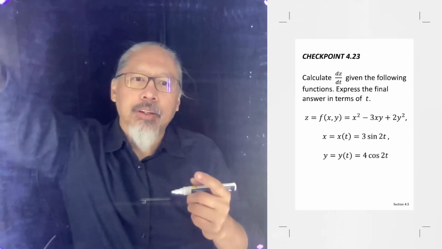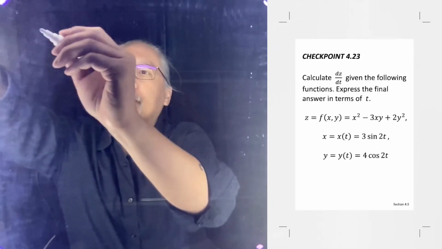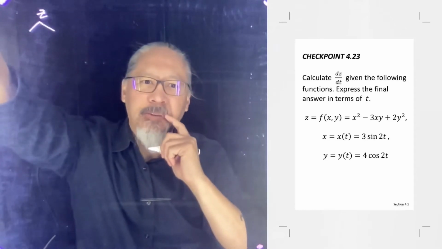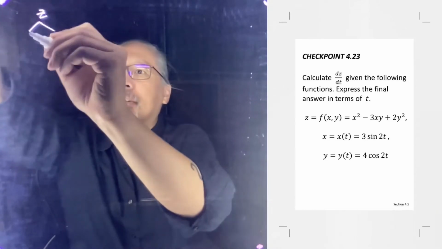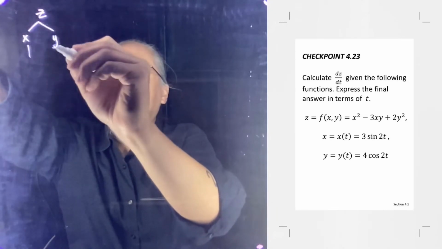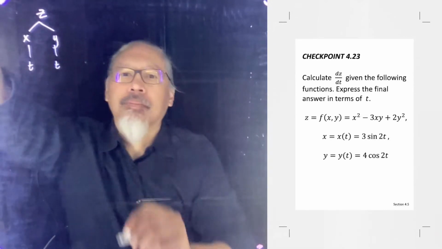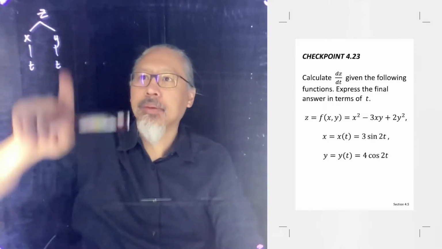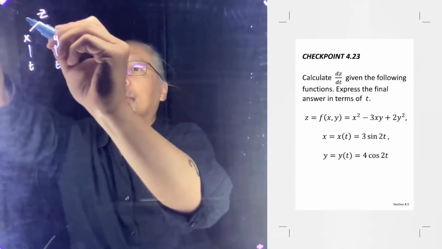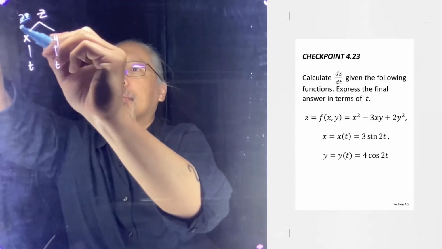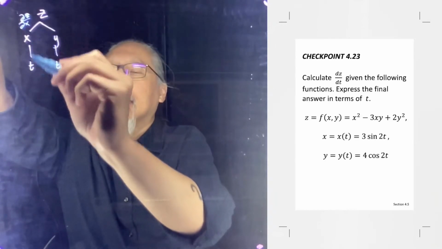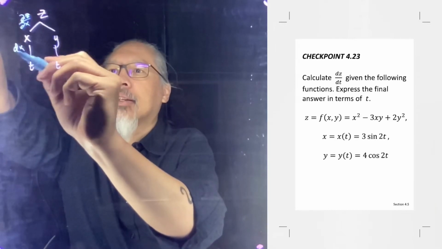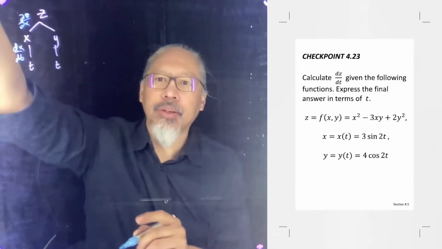Now we're going to use the chain rule, and our chain rule tree tells us that z is a function of x and y, and then each of these are functions of t. If we follow the path going from z to t, we look at the partial derivative of z with respect to x, and then since x is only a function of one variable, we look at dx/dt with straight derivatives.